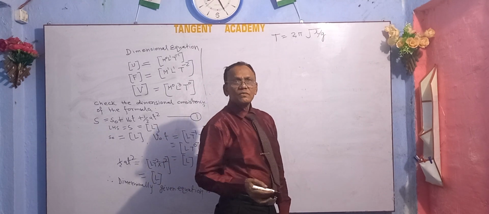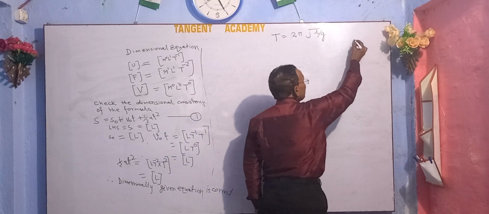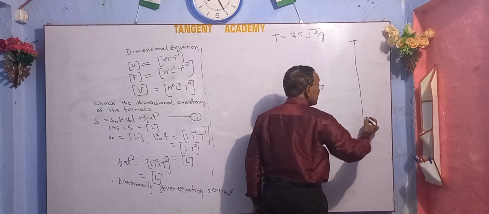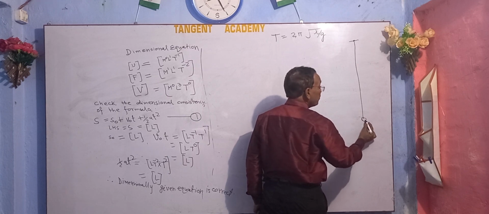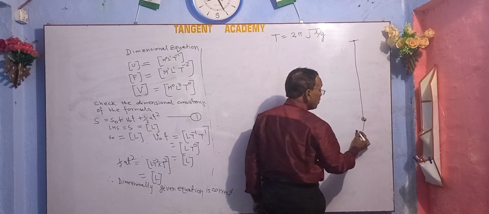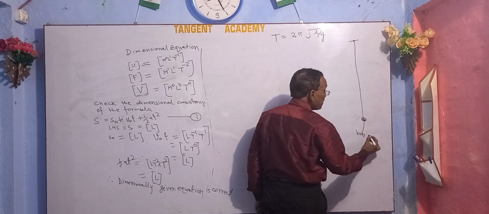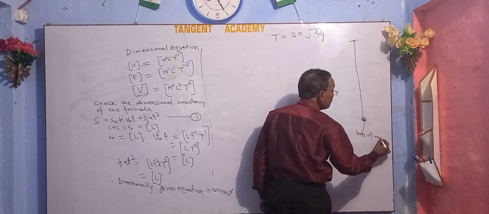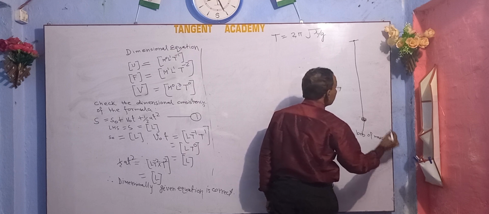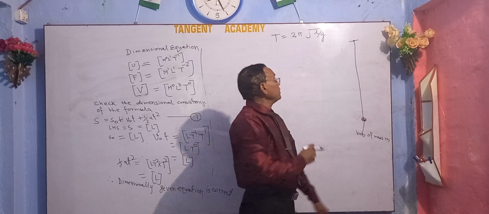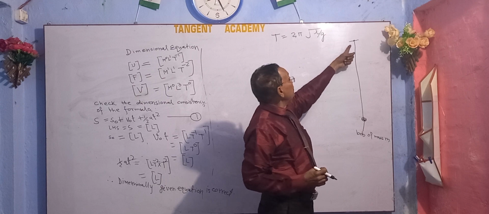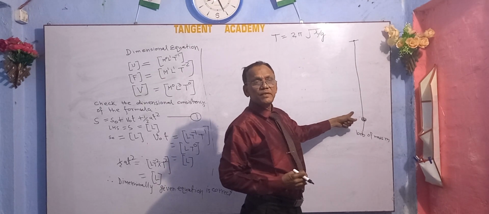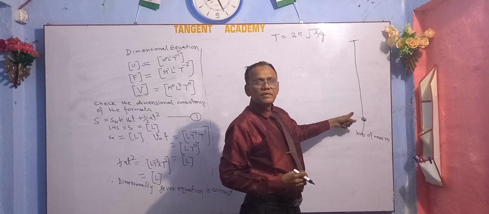You know what a simple pendulum is: a massless string with a bob of mass m. The weight of the string is supposed to be negligible.